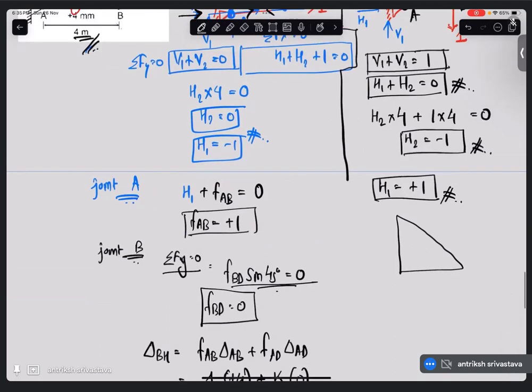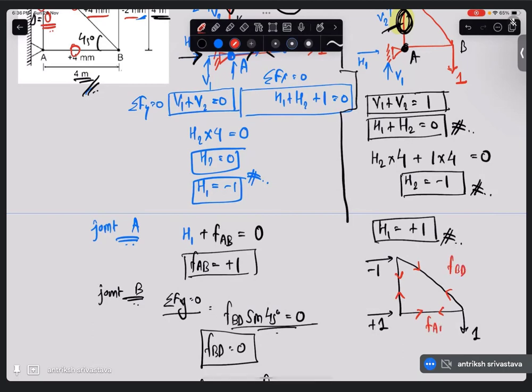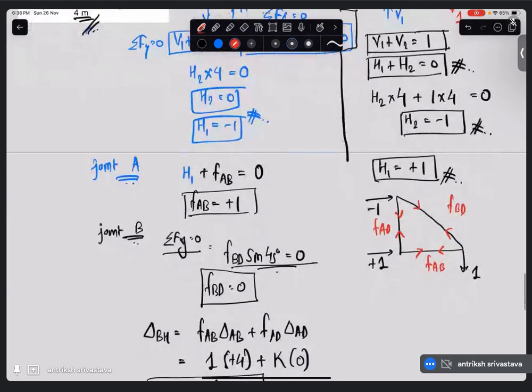H1 is plus 1 and H2 is minus 1, and this is our 1. So let's assume tensile force again in all the members: FBD, FAB, FAD.